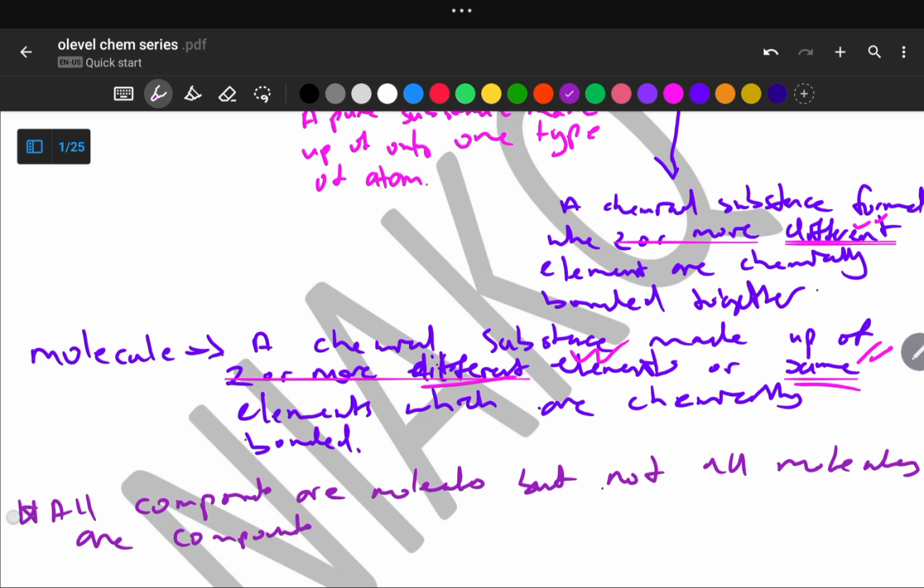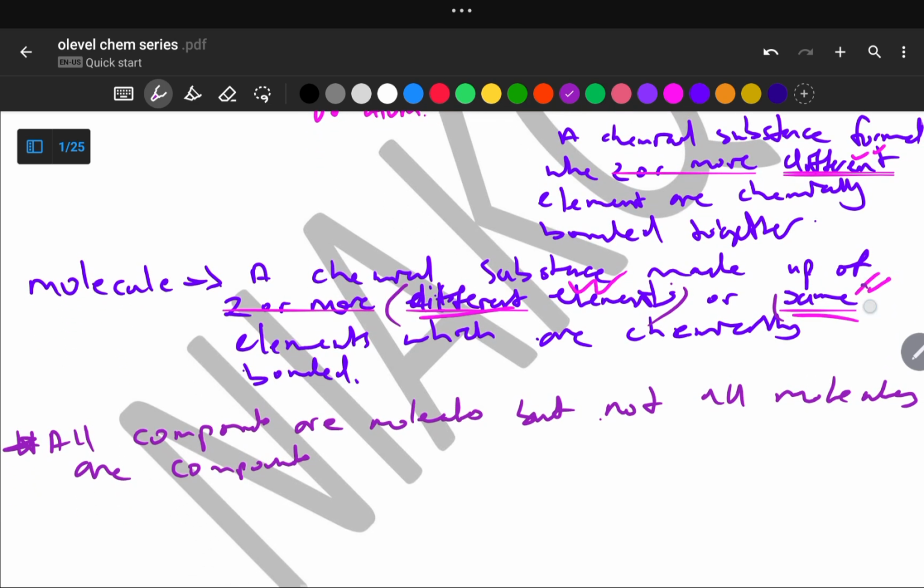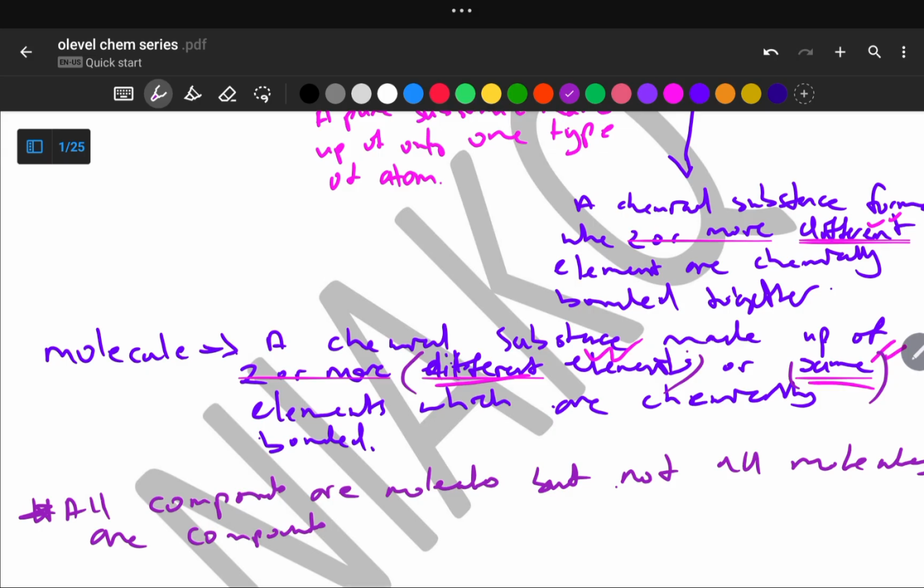Why? Because the definition of a molecule includes that of a compound, but the definition of a compound doesn't include the same part. So a compound is a subset of molecules from the mathematical point of view.